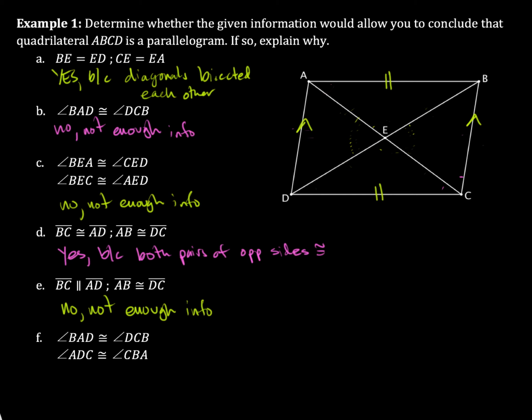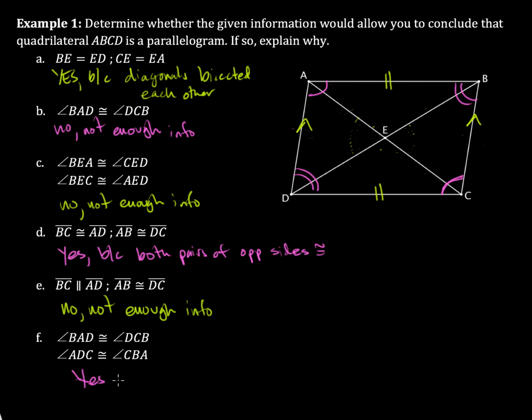So lastly, we have angle BAD congruent to angle DCB, which is right there, and angle ADC congruent to angle CBA, right there. So just looking at the pink information on my diagram, is that enough to say that this is a parallelogram? And this one is going to be a yes.